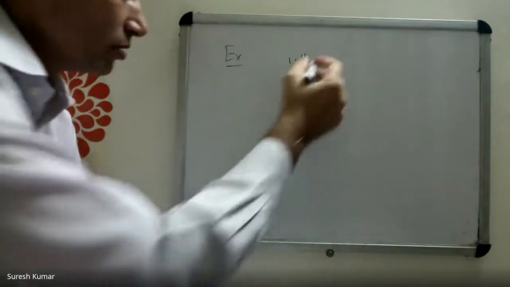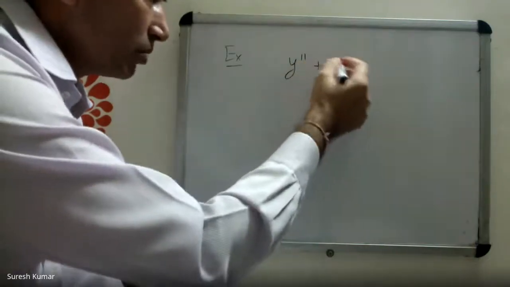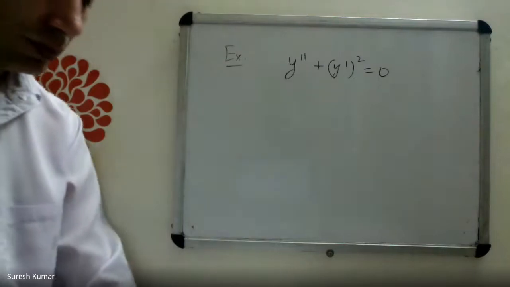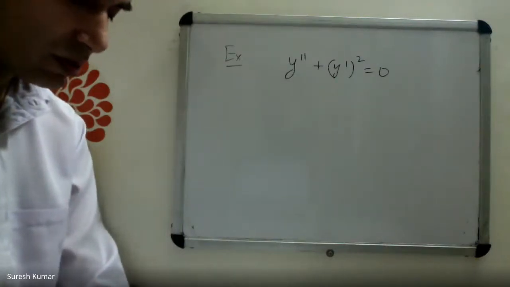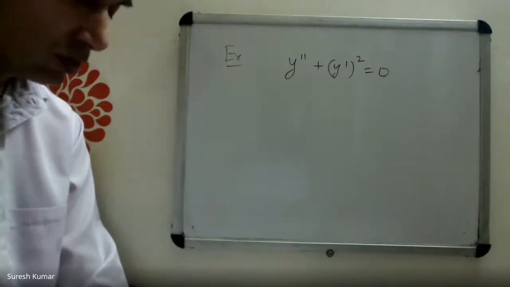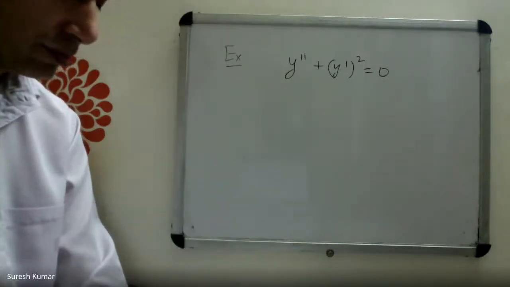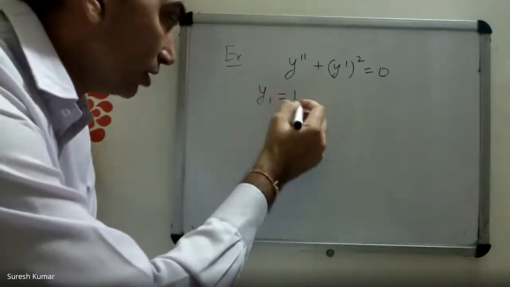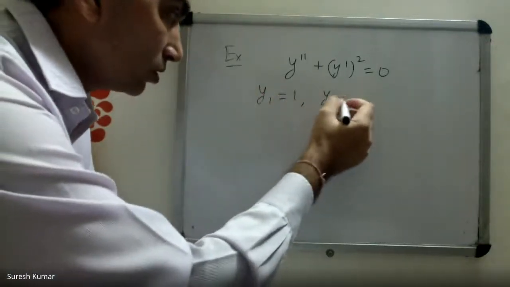Write this differential equation, y double prime plus y prime whole square equal to 0. Take y1 equal to 1 and y2 equal to ln x.